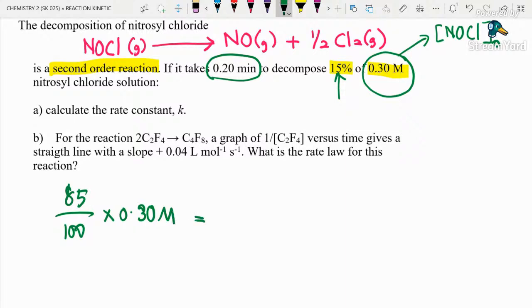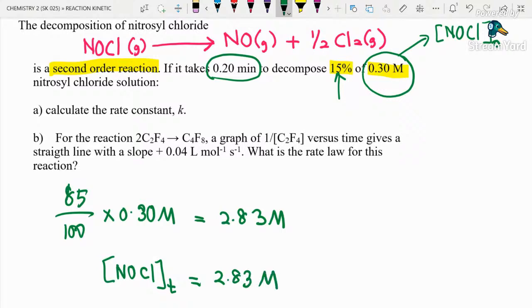Okay, kita cari dulu. 2.83 molar. So this is considered as the concentration of nitrosyl chloride at 0.2 minutes, which is 2.83 molar.